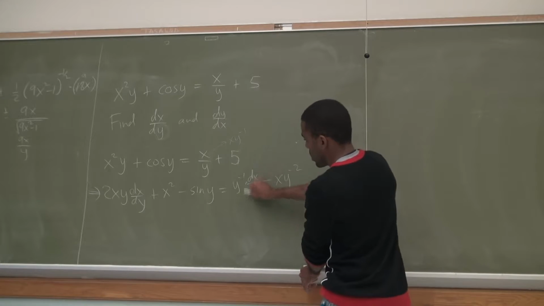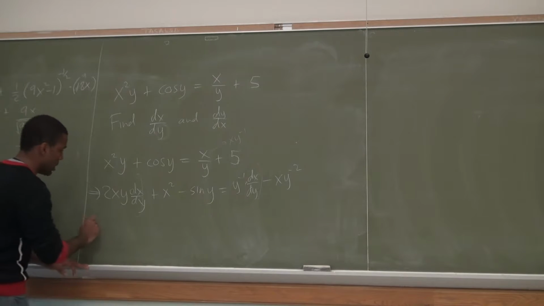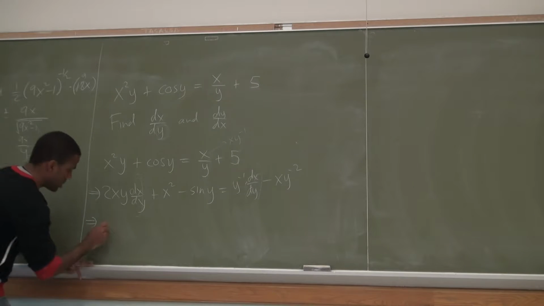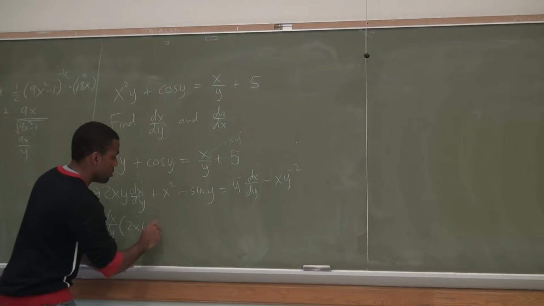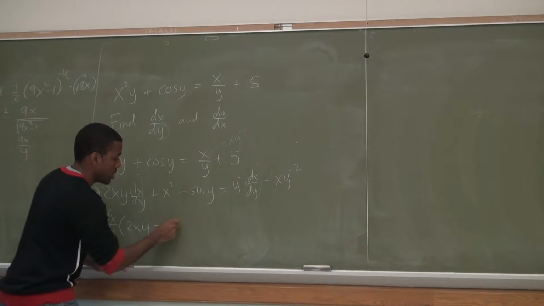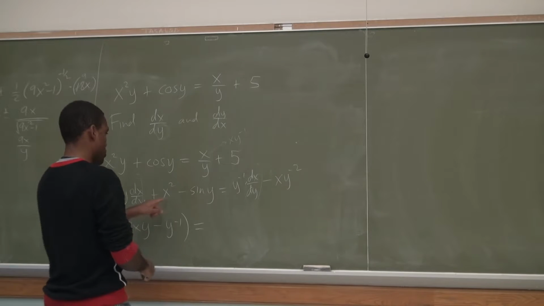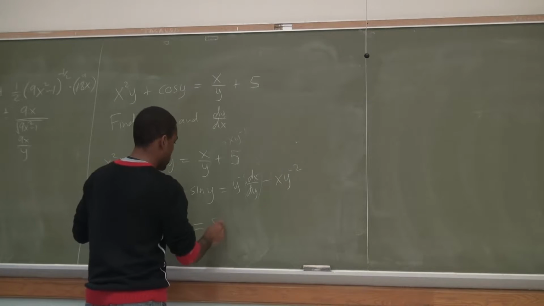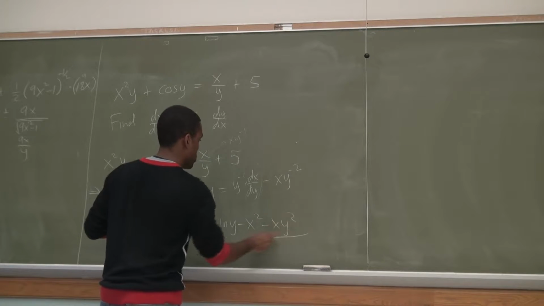And, right, so now we want to solve for this guy. How do we do that? Well, isolate this as before. So here's dx/dy. 2xy minus y to the minus 1 equals, bring this over here, sine y minus x squared minus x y squared.